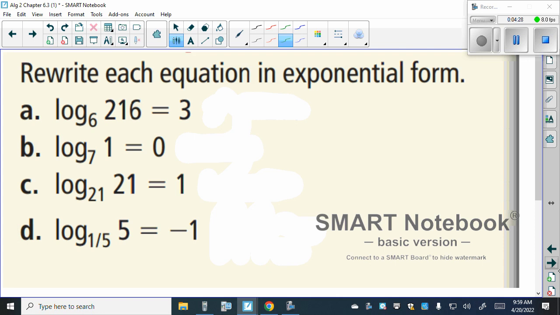So let's do 4 more of these, and then we'll move on. So log base 6 of 216 equals 3 would be rewritten as 6 to the 3rd is 216. Log base 7 of 1 equals 0 would be 7 to the 0 equals 1.